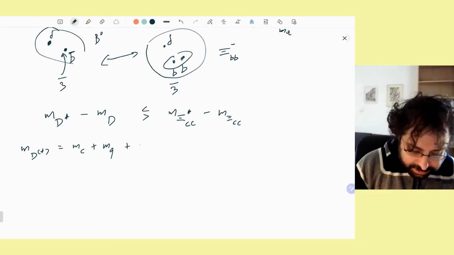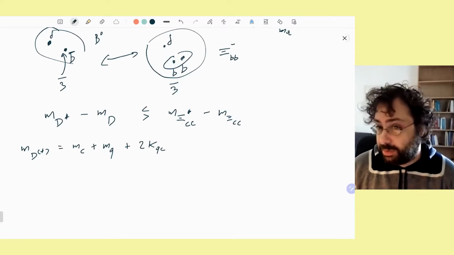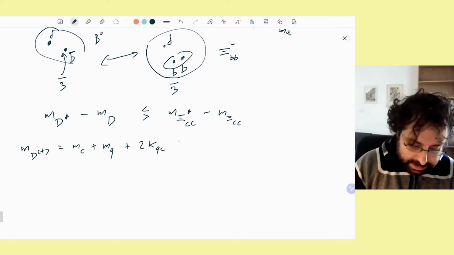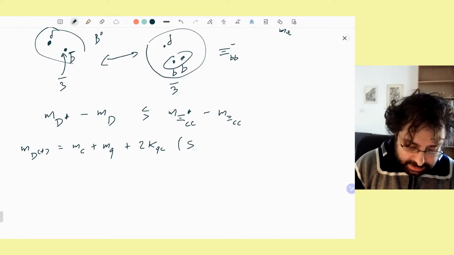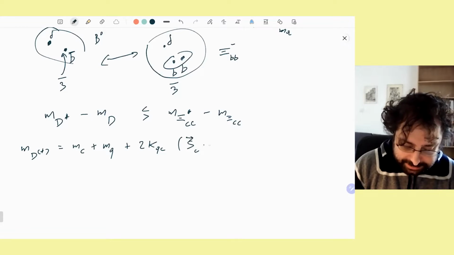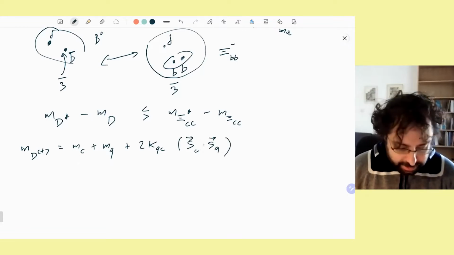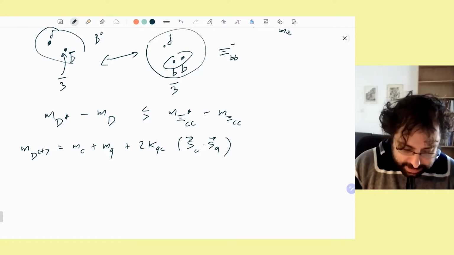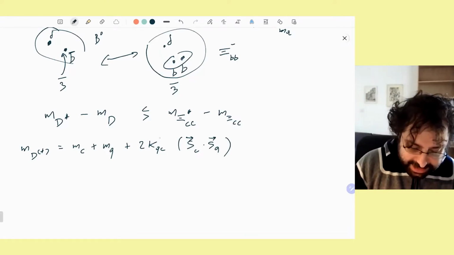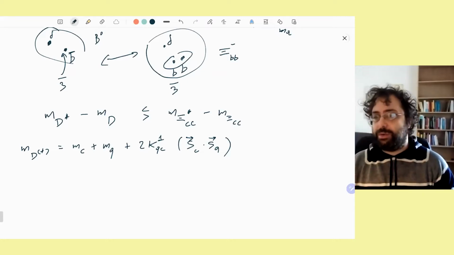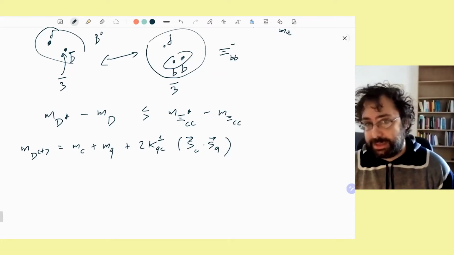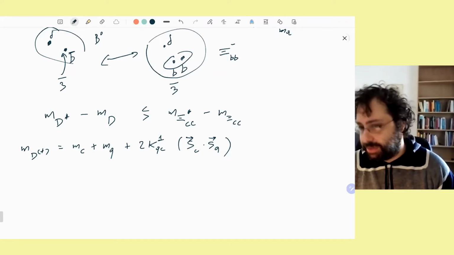And then we have the interaction between the light quark and the charm quark times the scalar product of the spins. Let me stress that the quark and antiquark belong to the singlet representation. We know that the meson must be a color singlet.